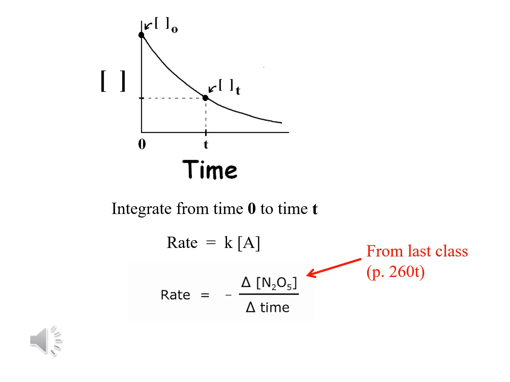And so we talked about a formula for rate last time. You take the change in the concentration divided by the change in time, the negative of it. For first order, that's the kind of equation we're going to do first. So we're assuming that this is a first order time course.